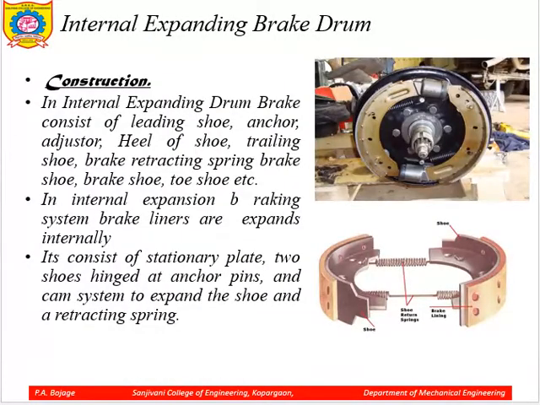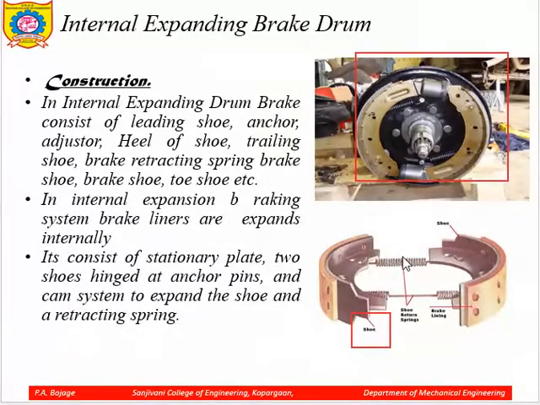So, let us first discuss the internal expanding brake. You might have seen these types of brakes in almost all the two-wheelers, cars and even in heavy vehicles. So, this is an internal expanding brake. You can see here, this is the brake shoe. There are two brake shoes.